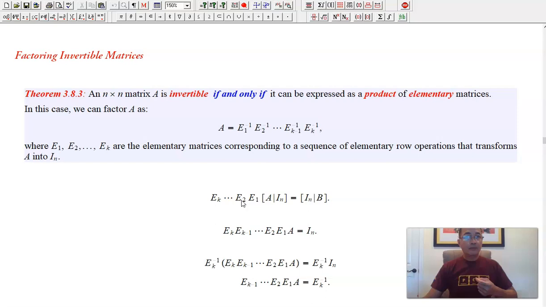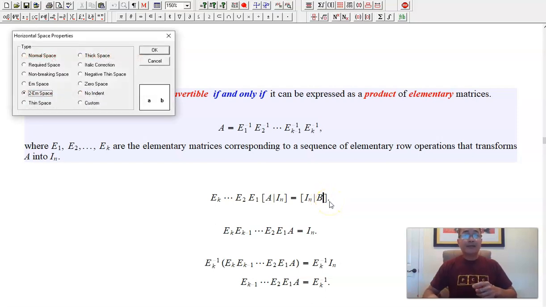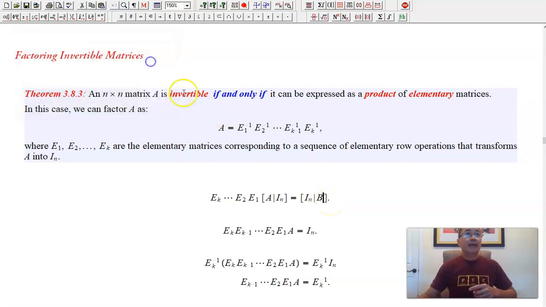We do another row operation and another until after k steps, we get the identity on the left and we get B on the right. But we said B, we had a name for it last time. We said that B is just A inverse.